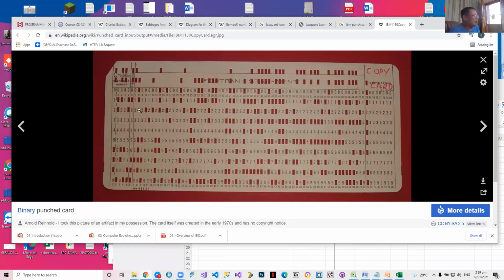Like in this case, how many commands? 1, 2, 3, 4, 5, 6, 7, 8, 9 commands. Isang command na sa isang line doon sa punch card. So if you have a 1,000 command program, tapos sa isang card, 10 commands, you'll have 100 cards.